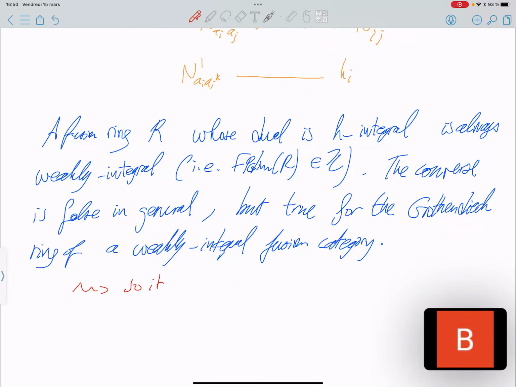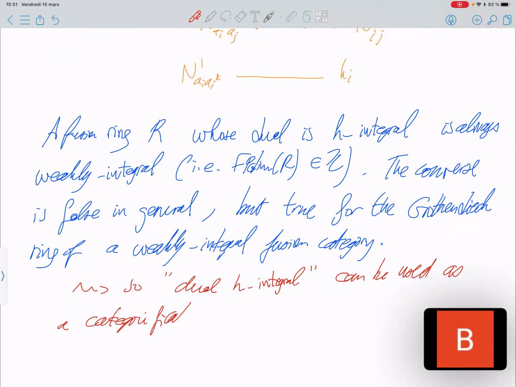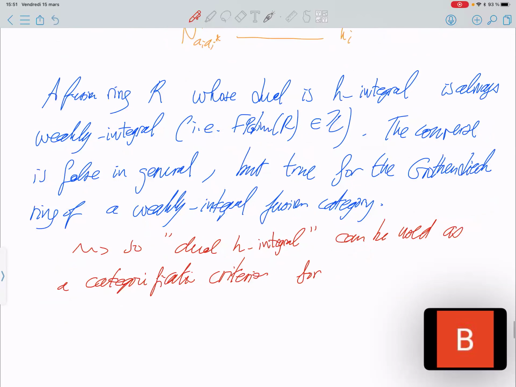So dual H integral can be used as a categorification criterion for fusion ring.